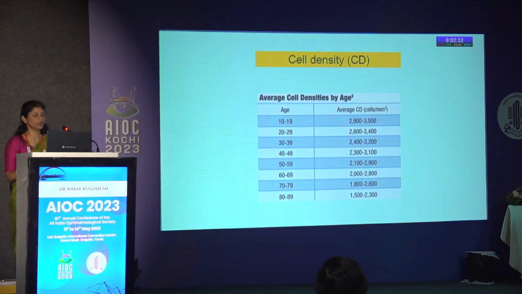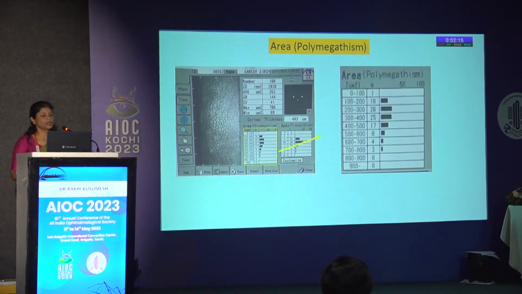Cell density should always be interpreted in terms of age. For example, an 89-year-old patient cannot have 3,500 or more endothelial cells. If he has 2,000 endothelial cells, that is completely okay. The second important thing is polymorphism. Here we look at the cell area.